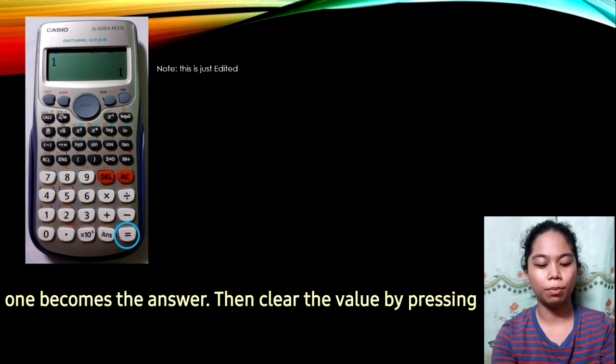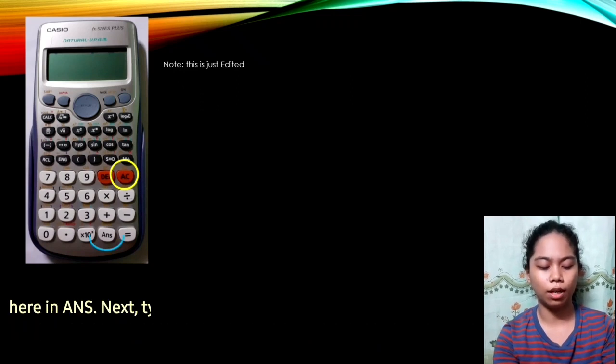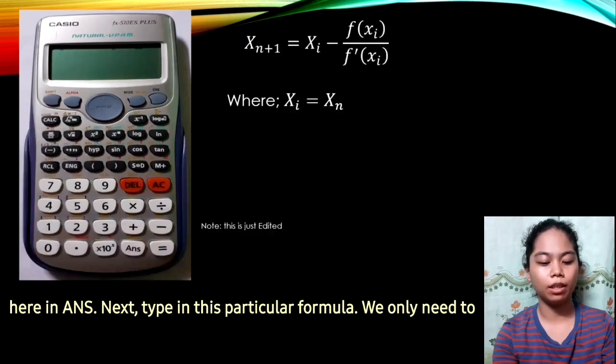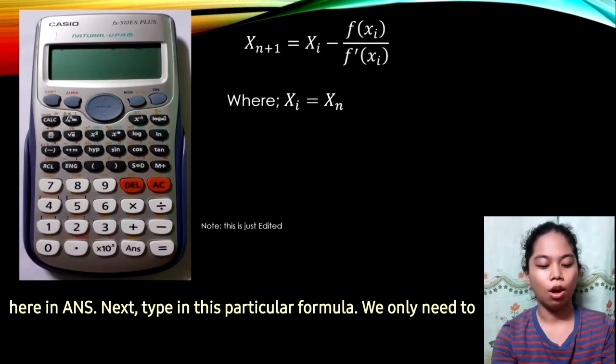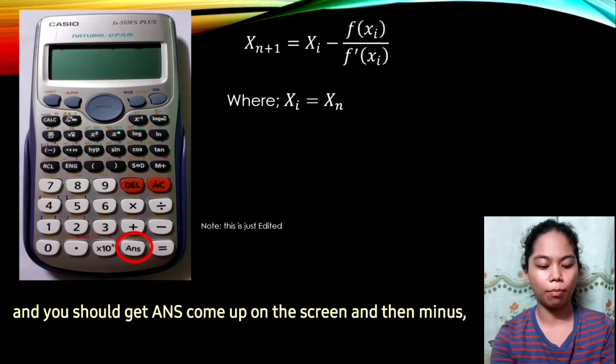Then clear the screen by pressing the AC button, and 1 is stored in ANS. Next, type in this particular formula, only we need to replace x sub i with the answer. Just hit the ANS key and you should see ANS come up on the screen, and then minus.